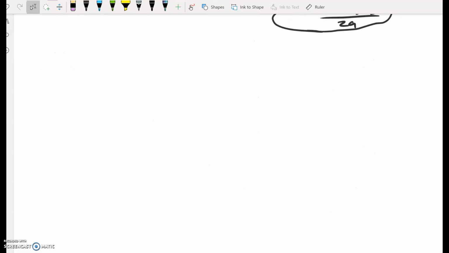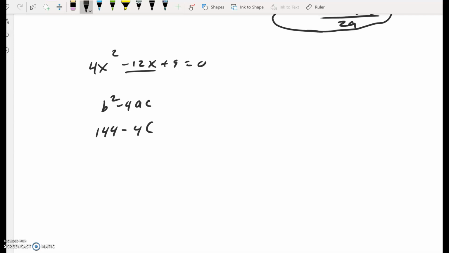So let's do another one just to see kind of what we have here. What about this one? We're going to do a b squared minus 4ac to see what kind of solutions we're going to have. b squared is negative 12 times negative 12, that's 144. Minus 4 times a times c is 36.